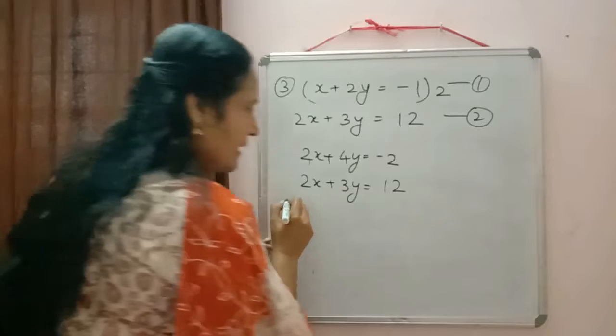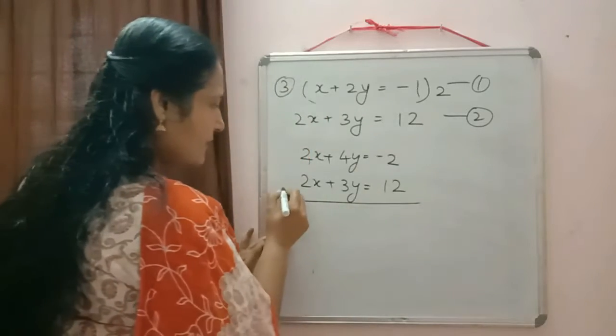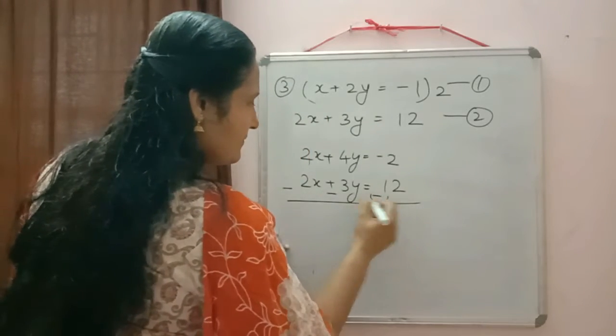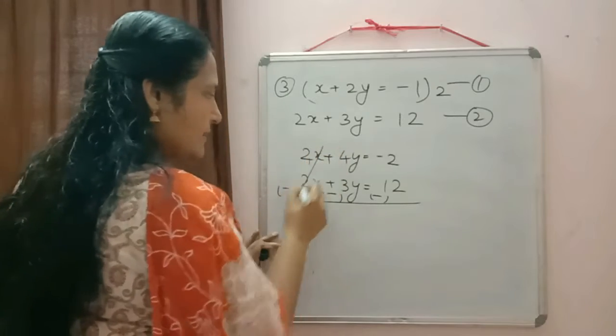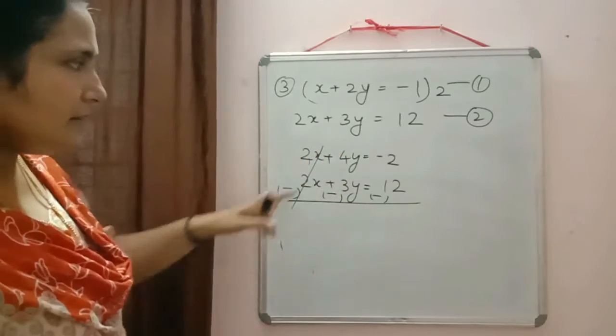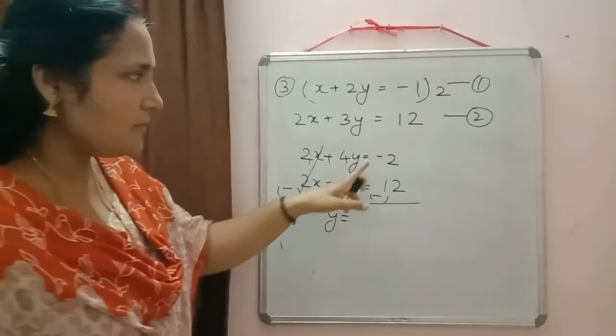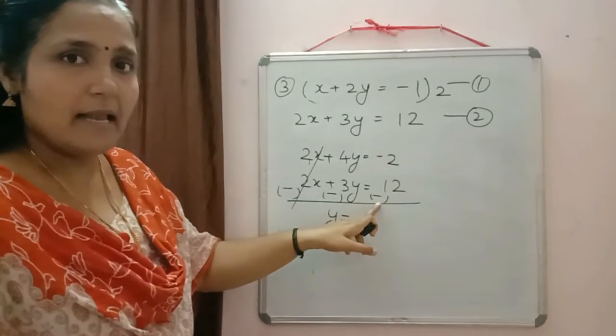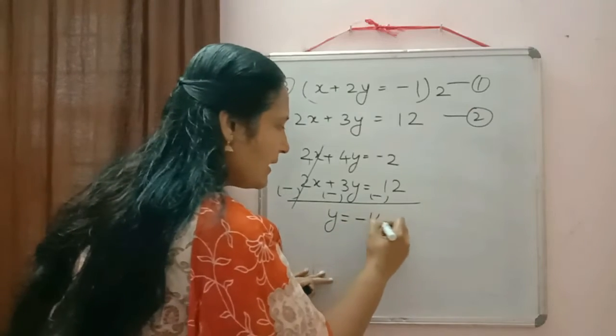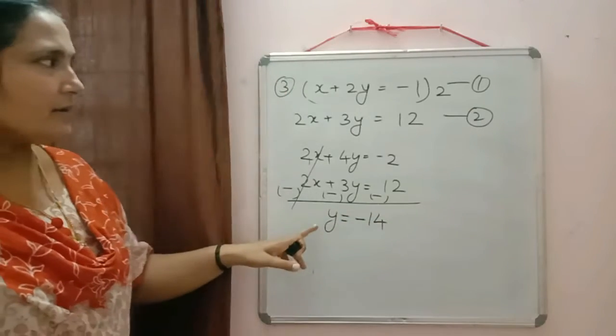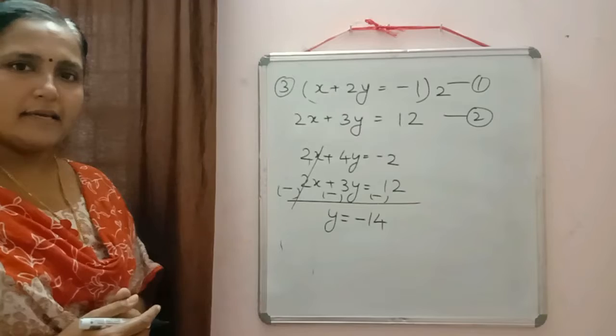Yes, we will do the subtraction. So here sign will change. 2x and minus 2x cancelled. 4y minus 3y will be equal to y is equal to minus 2 minus 12. That will be equal to minus 14. So we got value of y is equal to minus 14.